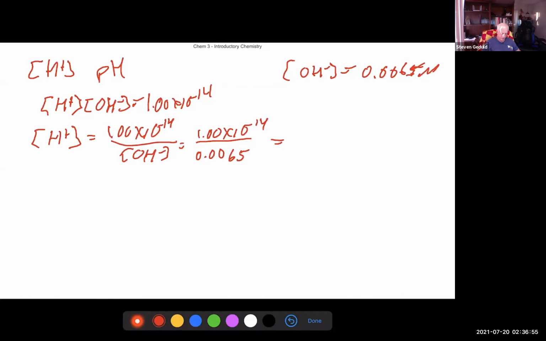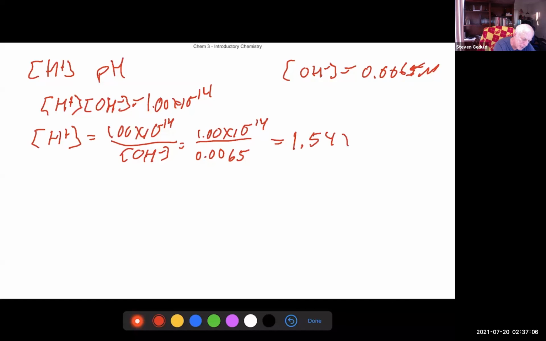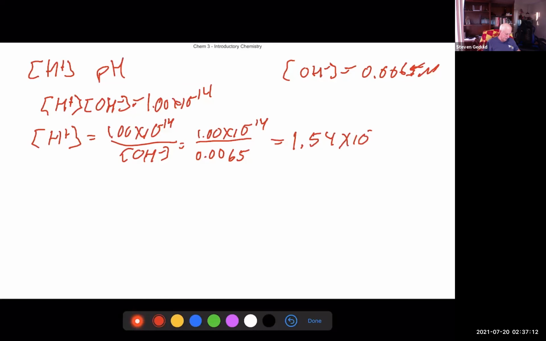Then we hit divide, in this case 0.0065, and it comes out to 1.54 times 10 to the negative, and we count the zeros: 1, 2, 3, 4, 5, 6, 7, 8, 9, 10, 11, 12. Perfect. So our H plus concentration is 1.54 times 10 to the minus 12.